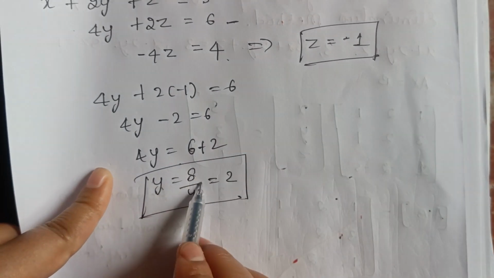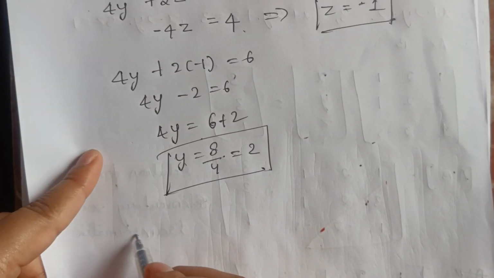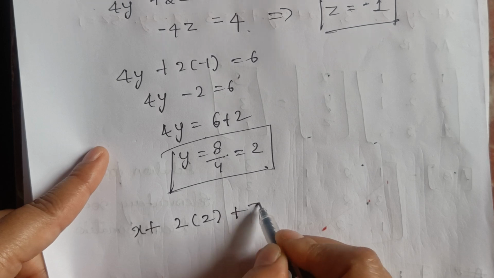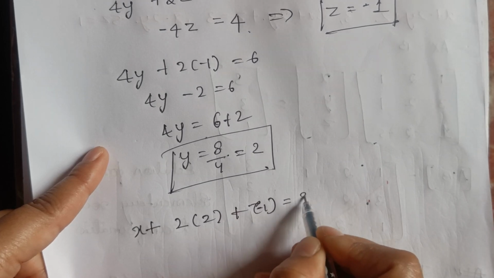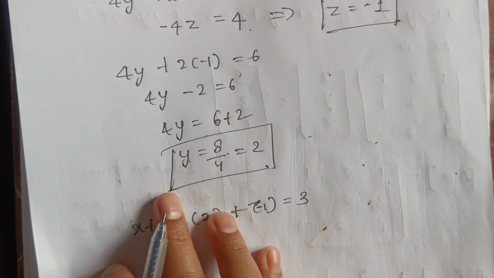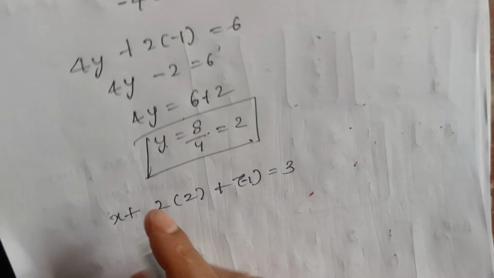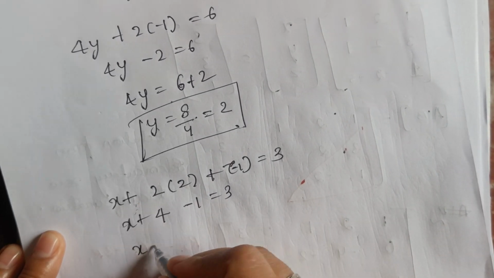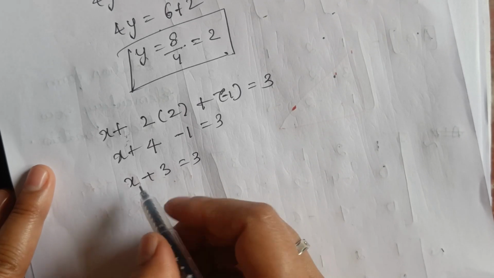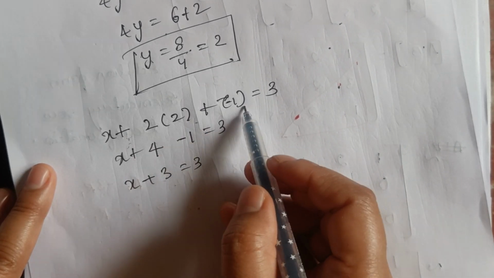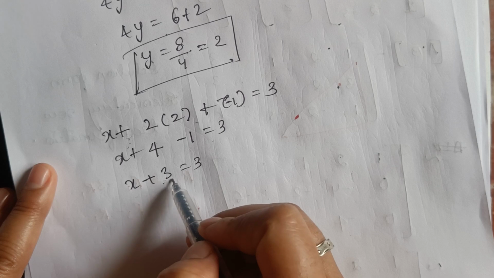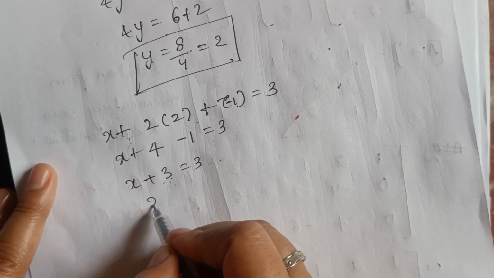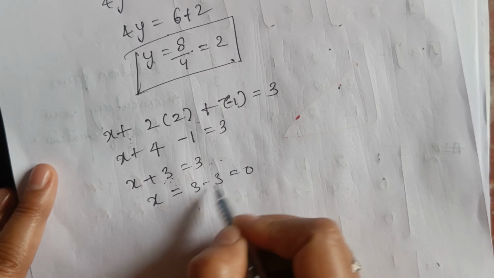Now I can substitute the values of z and y to find x. x plus 2 into 2 plus minus 1 equals 3, so x plus 4 minus 1 equals 3, x plus 3 equals 3. So x equals 3 minus 3, which equals 0.